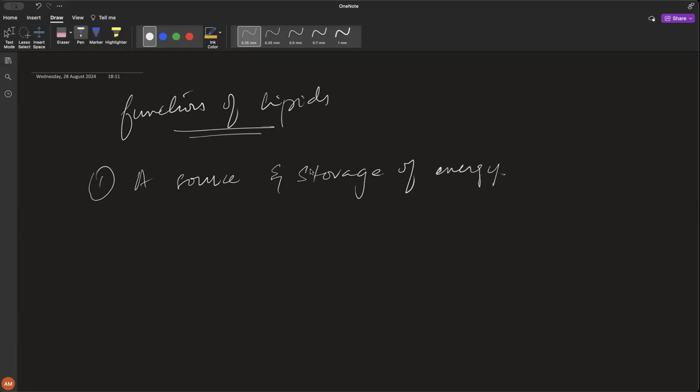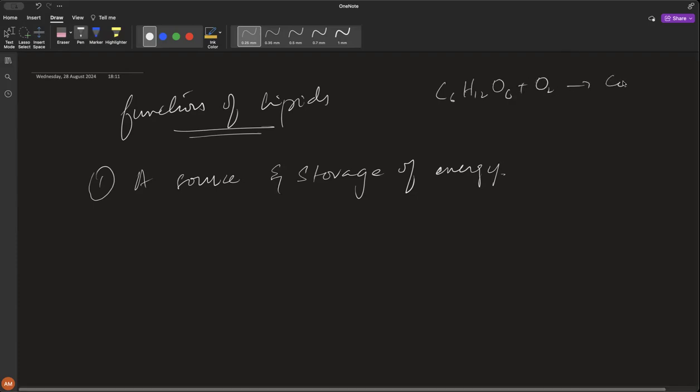Okay. We know that they can produce more energy than the same amount of glucose can, but it takes a very long while for it to produce. Glucose can easily be oxidized. Remember, this is the equation for respiration, right?